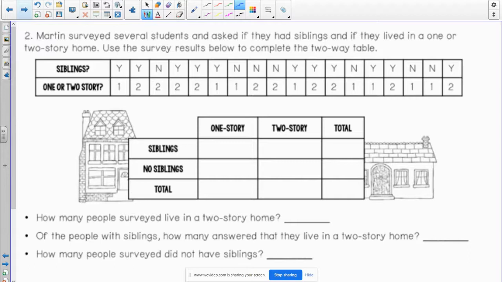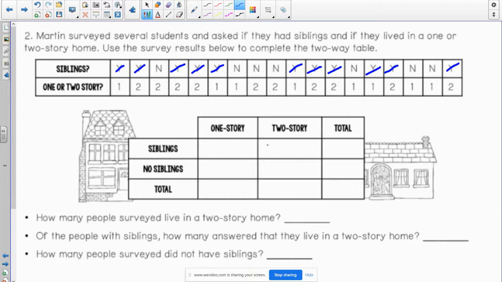So we're going to sit here and let's go through sibling or not sibling first. Okay, so let's count sibling. And I just like to cross them out as I go here. So 1, 2, 3, 4, 5, 6, 7, 8, 9, 10, 11.